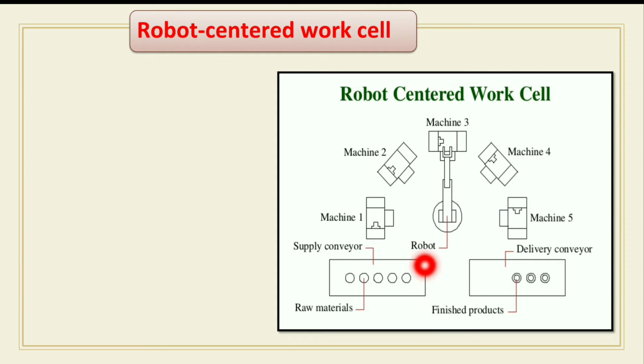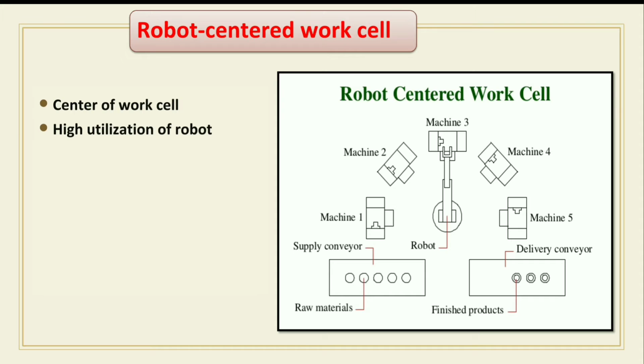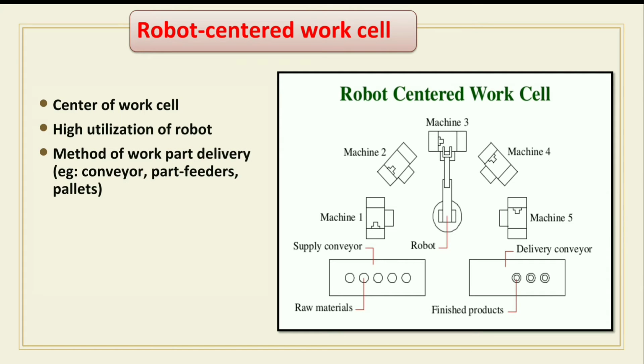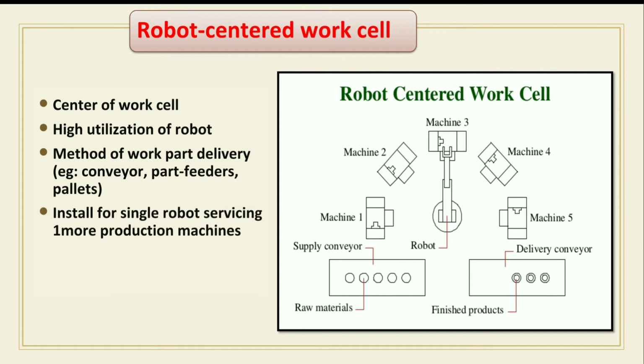This is the supply conveyor, this is the delivery conveyor, and these are the different types of raw materials or finished products. In this robot work cell design, with the robot at the center of the cell, there is high utilization of the robot. The method of work part delivery, for example conveyors, part feeders or pallets, is then installed for a single robot servicing one or more production machines.